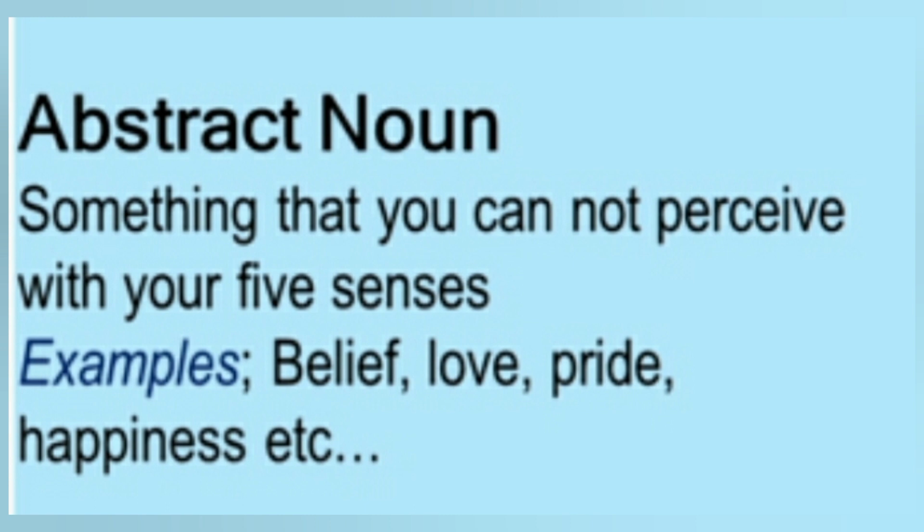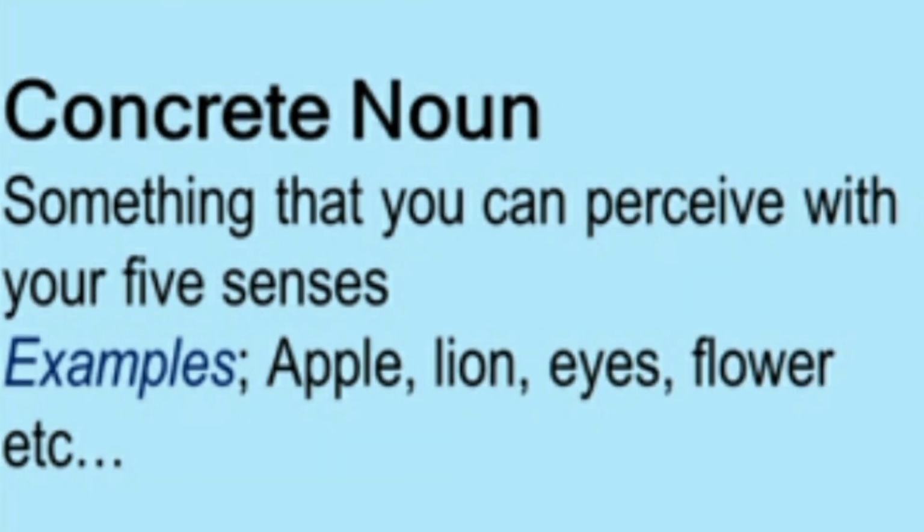Now, let's take a look at abstract nouns. These nouns cannot be perceived using your five senses. In other words, you cannot see, smell, taste, hear, or touch them. These nouns include belief, love, pride, happiness, joy, among others. Now, let's fly over to concrete nouns.